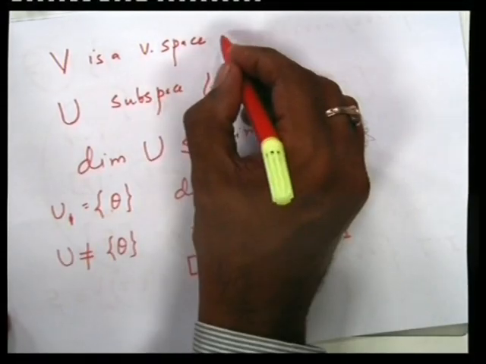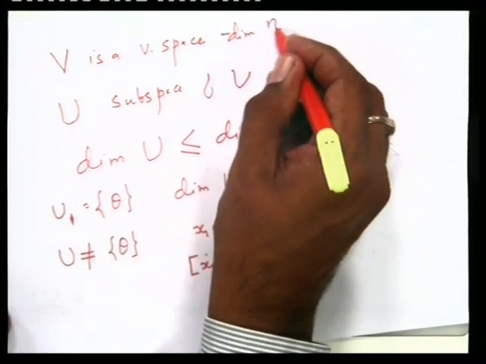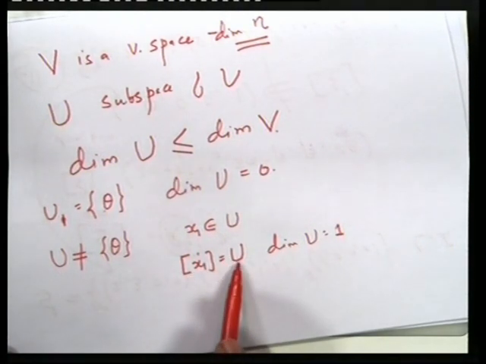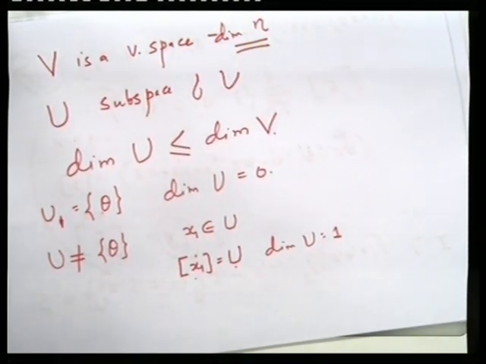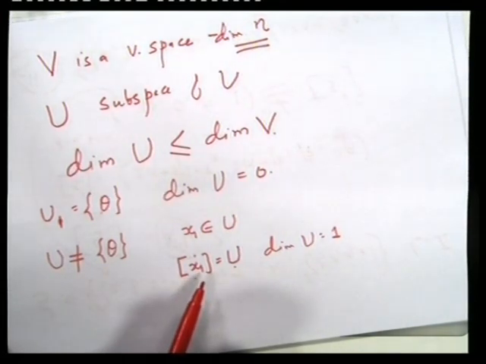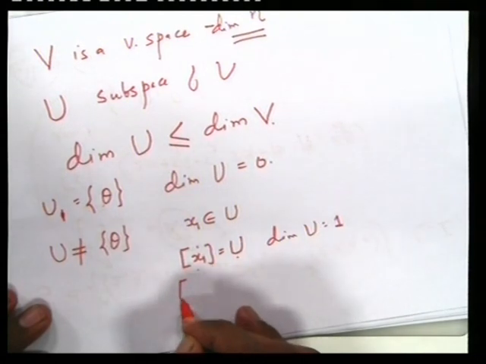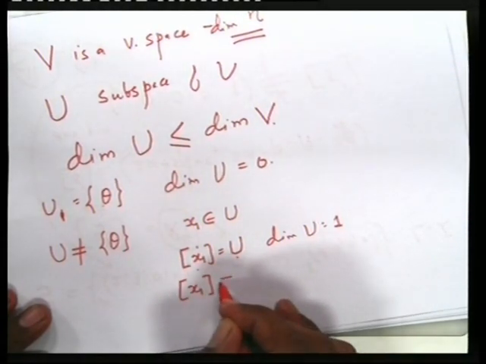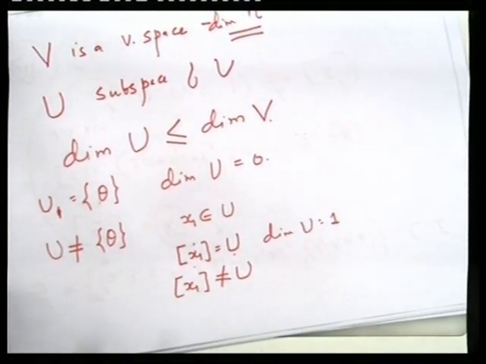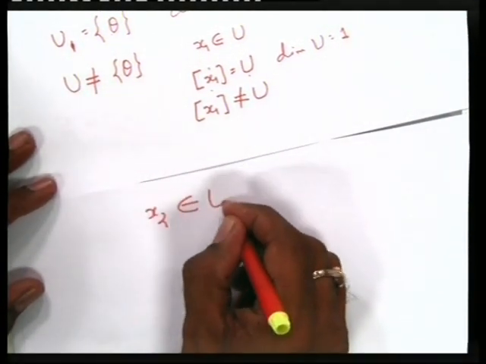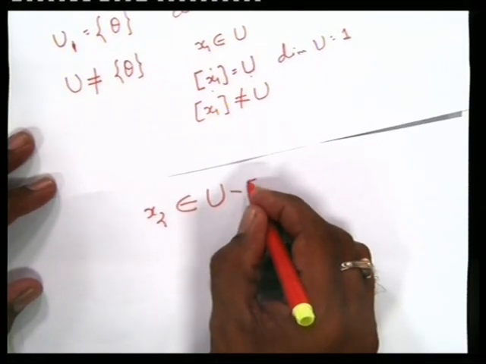We are considering V as a vector space with, say, dimension n. If we can span the whole of U with only one vector x1, then this is linearly independent and the dimension of U is equal to 1. Suppose the span of x1 is not equal to U. Then again, by the previous method, we can find a vector x2 in U outside the span of x1.